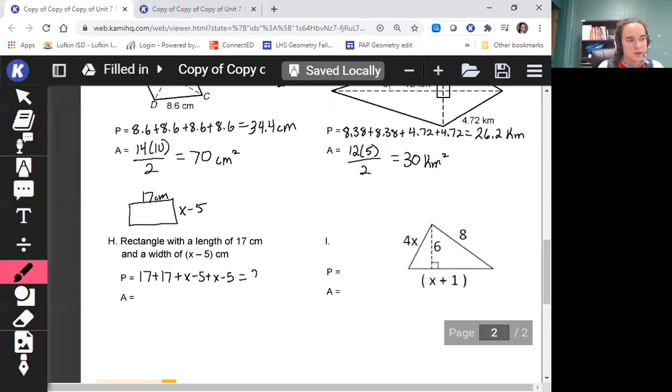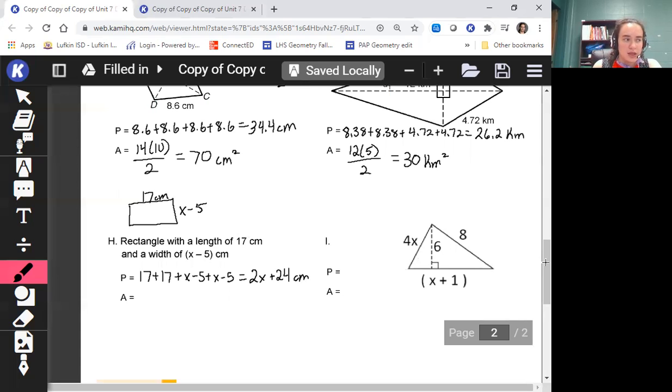So we have two x's, so we've got 2x. And we've got 17 plus 17 minus 5 minus 5, which gets us a positive 24 centimeters. Okay, so that is our answer. There is an x in our answer because there was an x in the problem that we're not able to solve for.